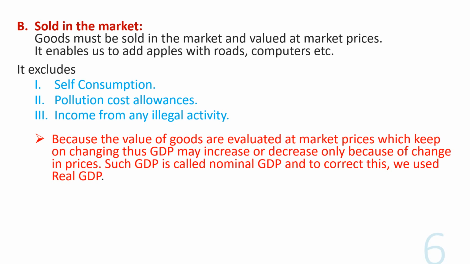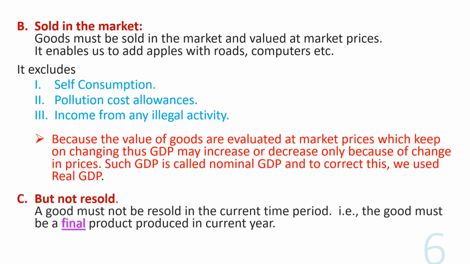This was discussed in detail in lecture 1. The third rule is that the goods must not be resold. That is, we only include those goods which are being sold first time.